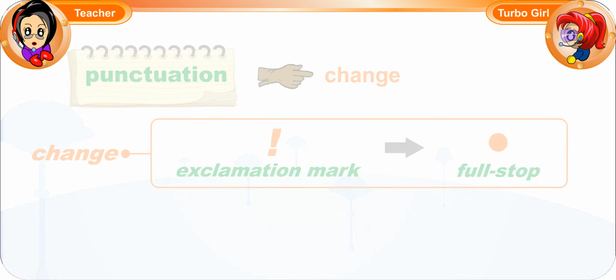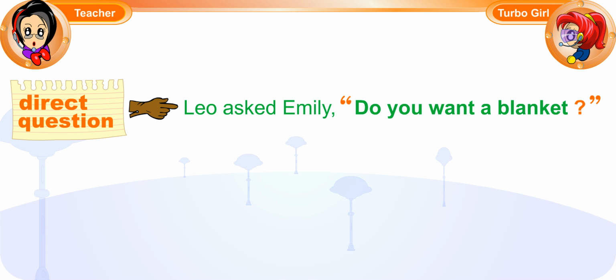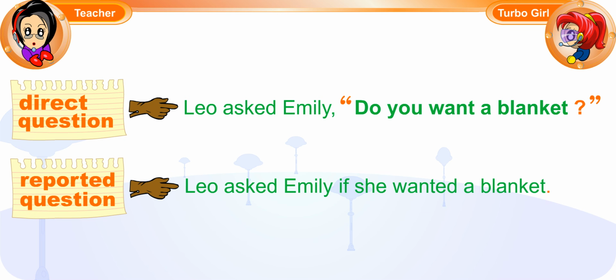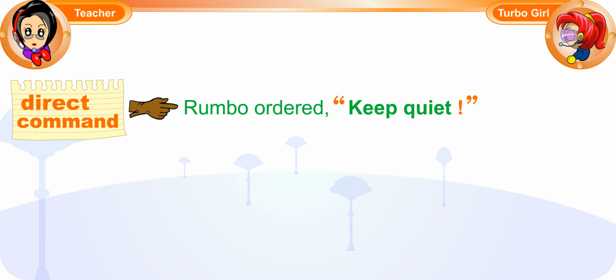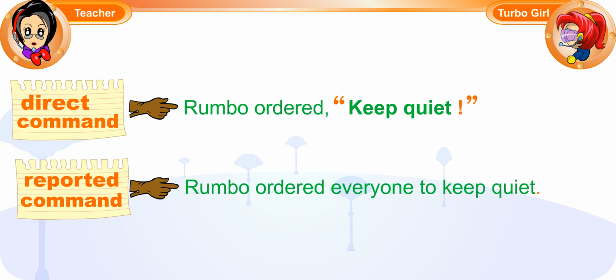For example, in direct speech, Leo asked Emily, "Do you want a blanket?" In reported question, Leo asked Emily if she wanted a blanket. For example, in direct command, Rumbo ordered, "Keep quiet." In reported command, Rumbo ordered everyone to keep quiet.